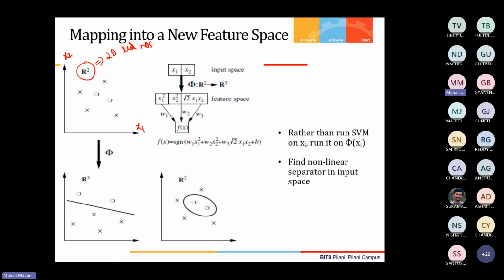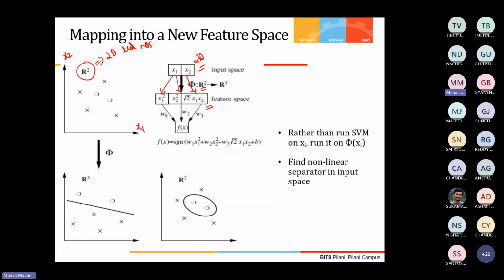Okay, so we have two features, X1 and X2, and we have handcrafted these 3 features. One is X1 squared, the second feature is X2 squared, and the third feature is root 2 X1 X2. From the 2-dimensional input space, we are going into the 3-dimensional feature space. So a transformation is happening from 2-dimensional to 3-dimensional.